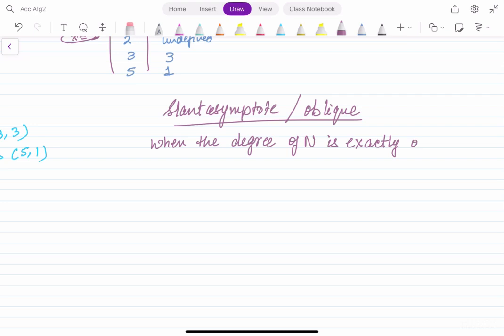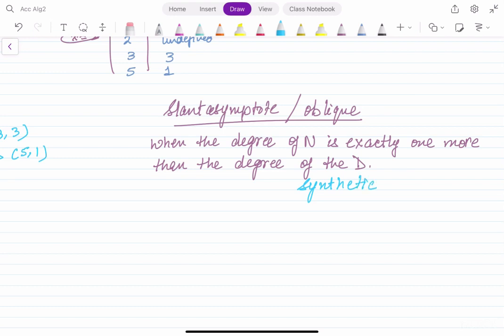To calculate the slant asymptote, we use a technique that we have learned earlier, long division, or you can also use synthetic division. So whatever is convenient for you, go for it.